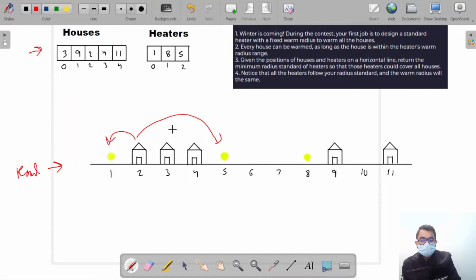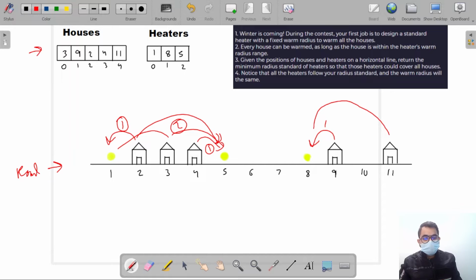For 3 it was 2, for 4 it was 1, for 9 it was 1, for 11 it was 3. I found the minimum distance of the nearest heater for each house and then looked for the farthest house, the maximum distance, and that maximum distance was my minimum radius standard for the heaters.